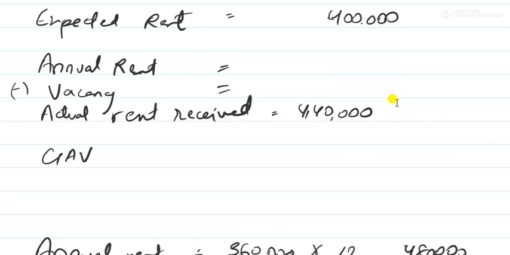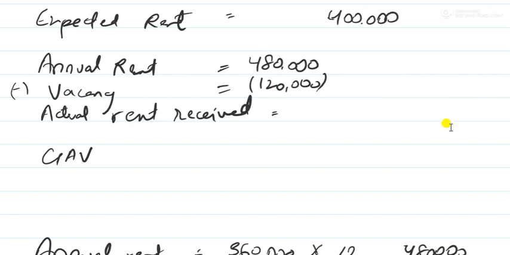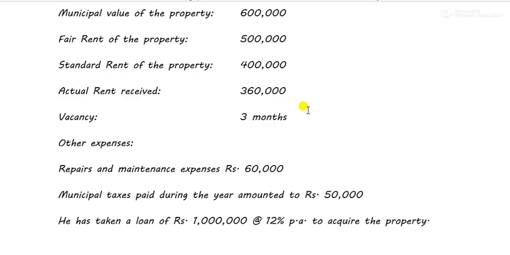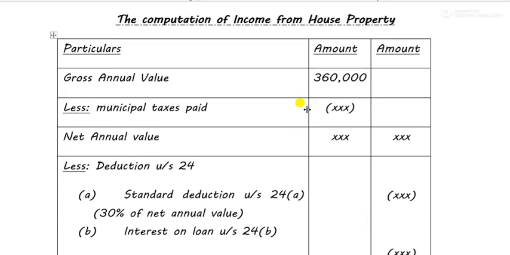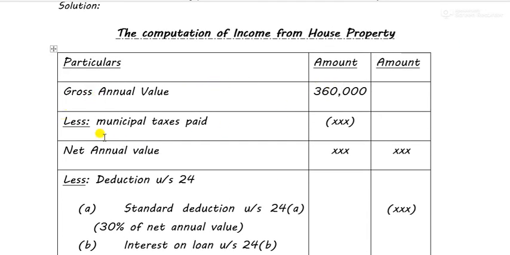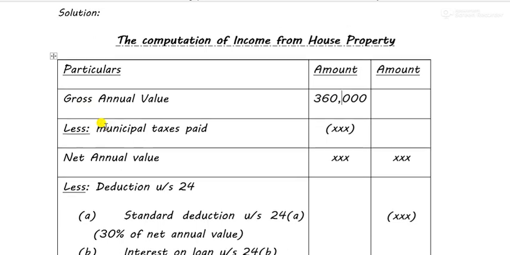So let's come to our original sums. Annual rent was 480. Vacancy was 1 lakh 20 and actual rent received was 3 lakh 60. So my GAV is 3 lakh 60,000. Next, after the calculation of gross annual value, the next step is municipal taxes paid.